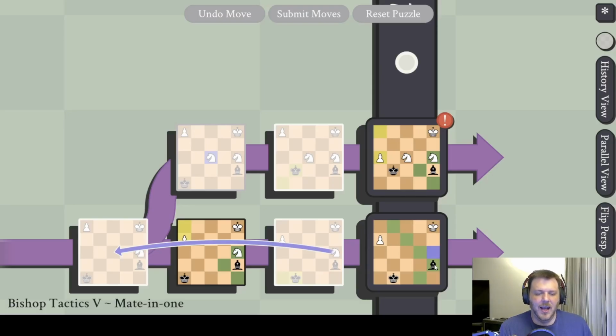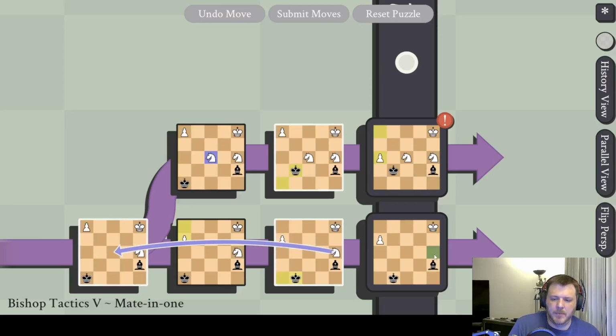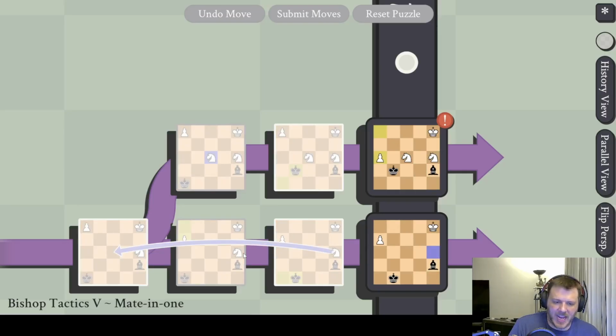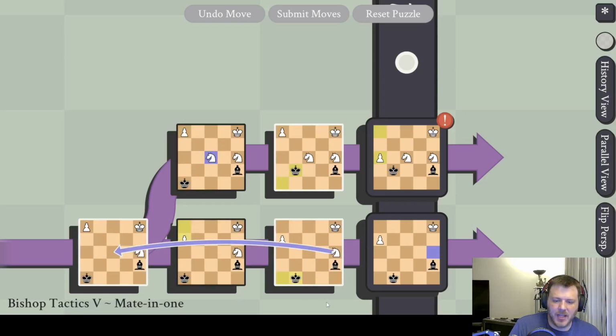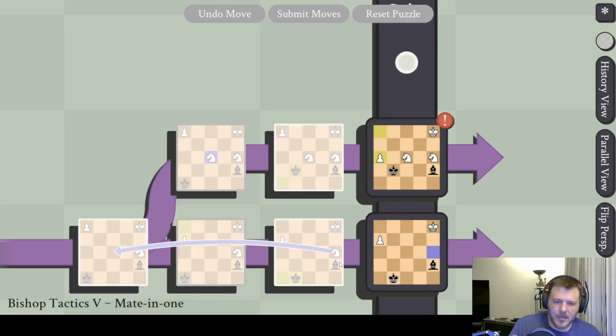Yes. All right, so what I'm going to do is this bishop is going to move one up and one back in time to take this knight. Now, what that's going to do is create a split timeline here where the bishop is attacking this king up here.